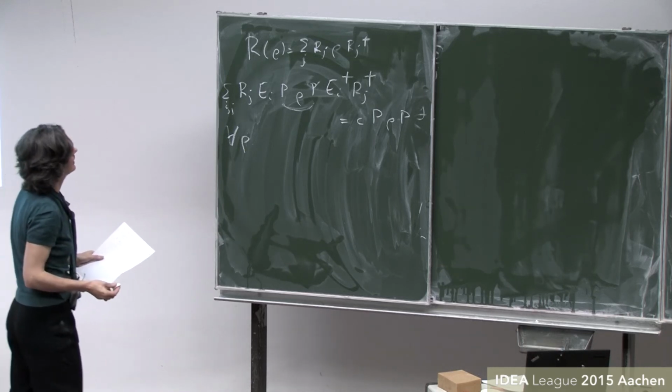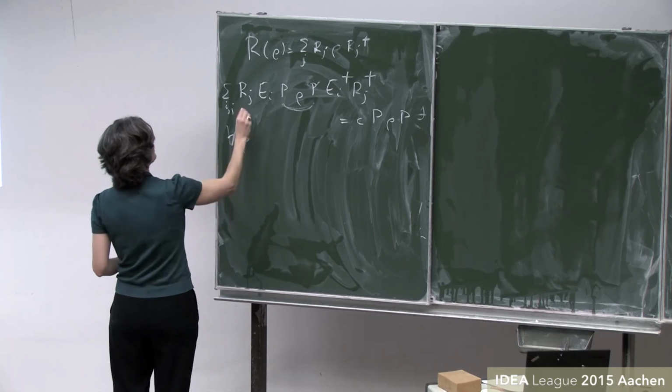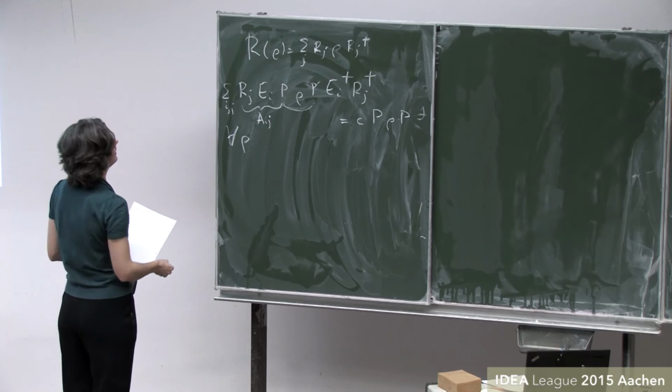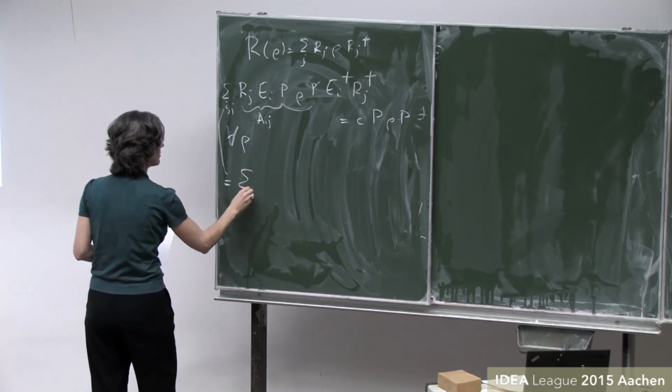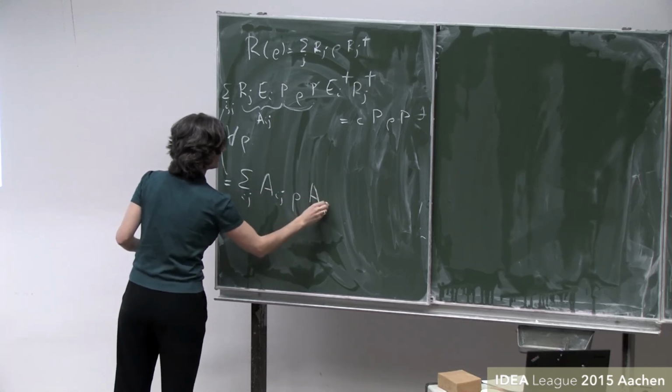Okay, so what we have here is this thing. I could call this a super operator with elements a_ij. I'm including the P. So I could write this as a sum over ij, a_ij rho a_ij dagger.